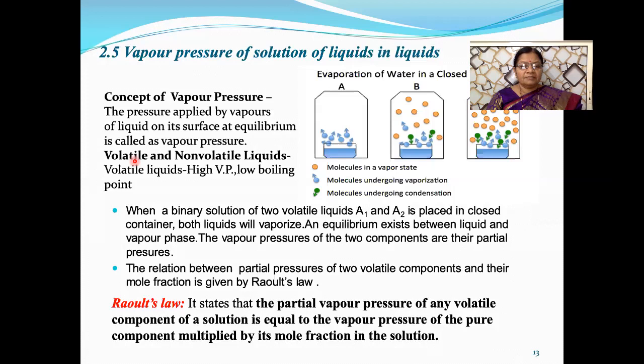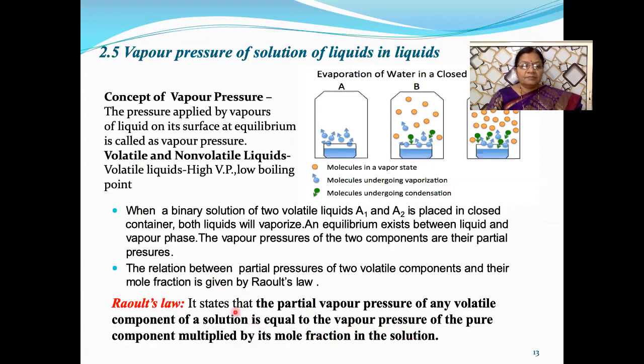Now the relation between the partial vapor pressure of the two volatile components and their mole fraction is given by Raoult's law. So what is Raoult's law? It states that the partial vapor pressure of any volatile component of the solution is equal to the vapor pressure of the pure component multiplied by its mole fraction in the solution.